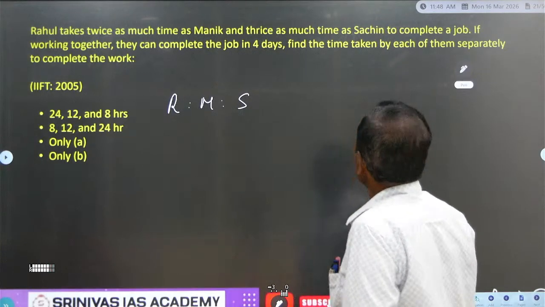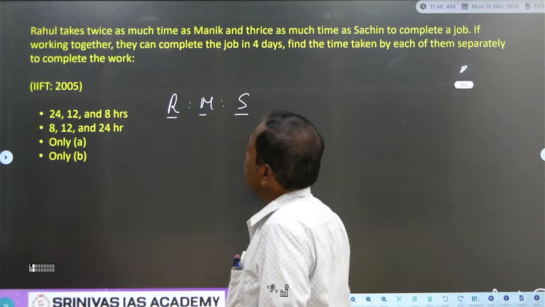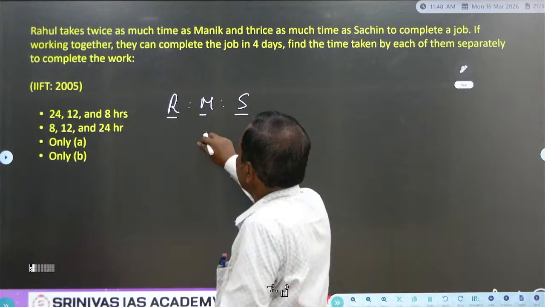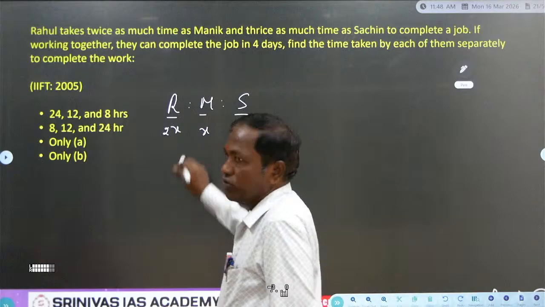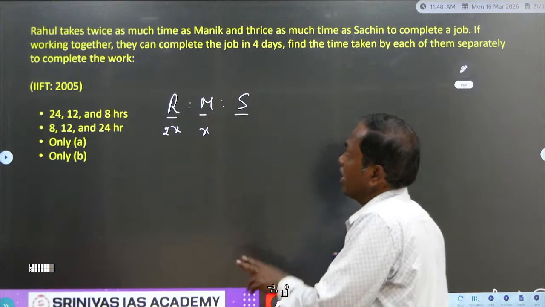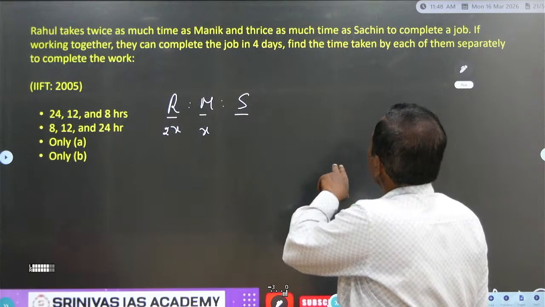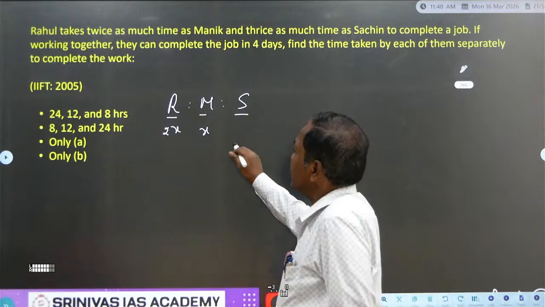Now how do you write this? Rahul takes twice as much time as Monik. Let us say X, he can take 2X, correct? And thrice as much time as Sachin. See, now you have to change the numbers.